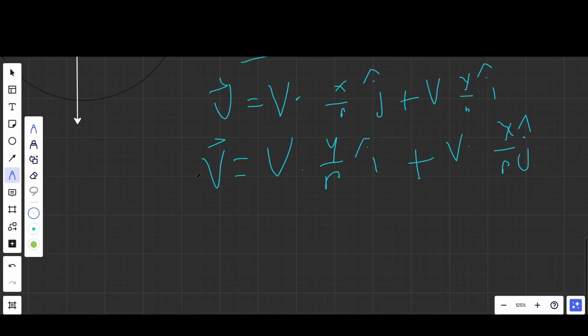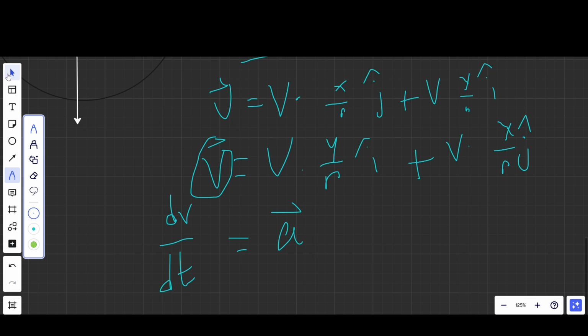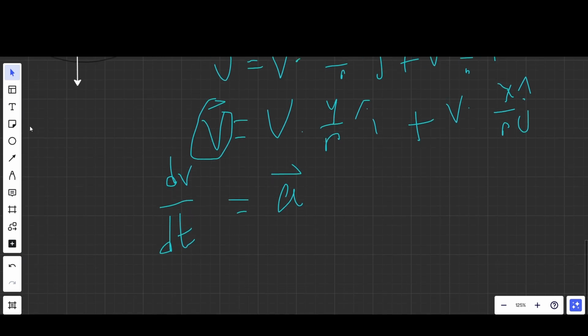Now what we can do is take the derivative of V. dV over dt gives us the acceleration, and that's exactly what we're looking for. So we're going to take the acceleration for both the components, and it should look something like this.